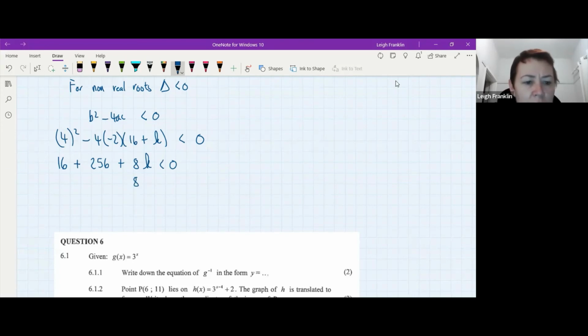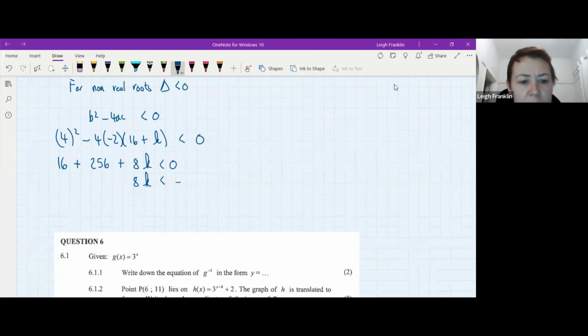Leave the k on the left. Take the numbers over to the right-hand side. So if we add 16 to 256, we end up with 272.